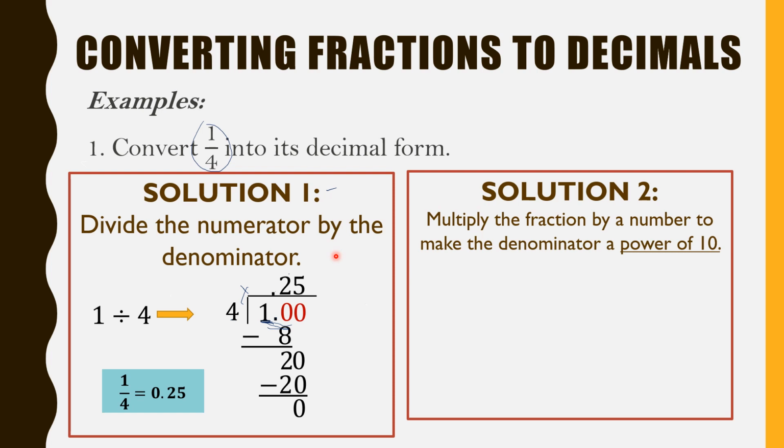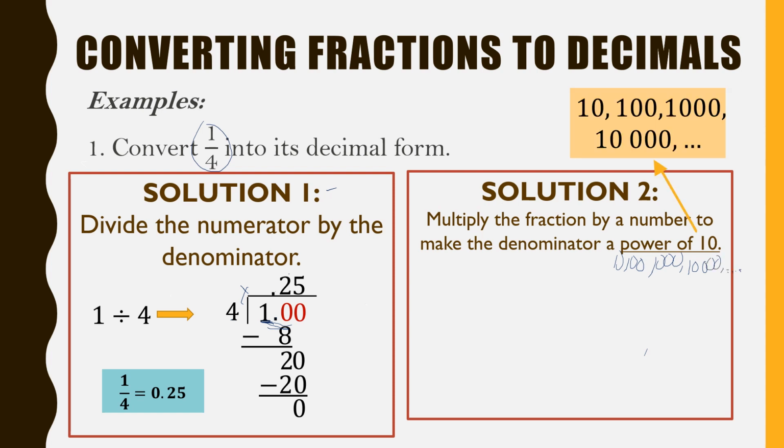Another solution is by multiplying the fraction by a number to make the denominator a power of 10. Okay, are you familiar with powers of 10? So the lowest power of 10 is 10 followed by 100 followed by 1000 and then 10,000 and so on.